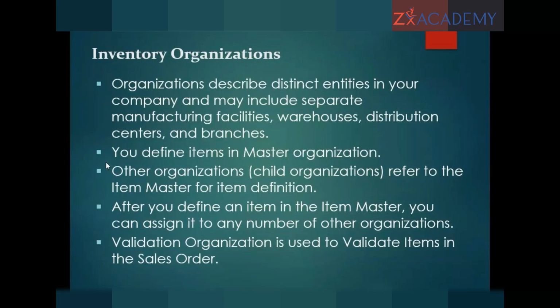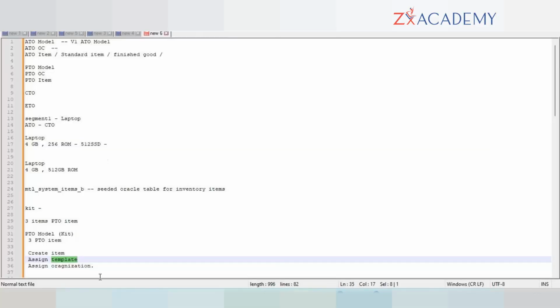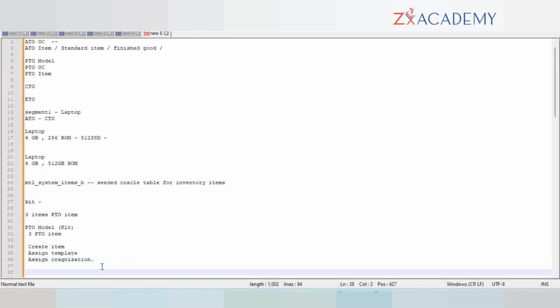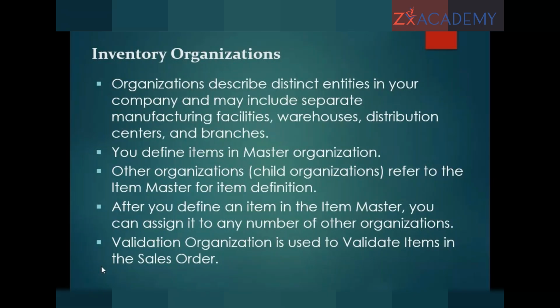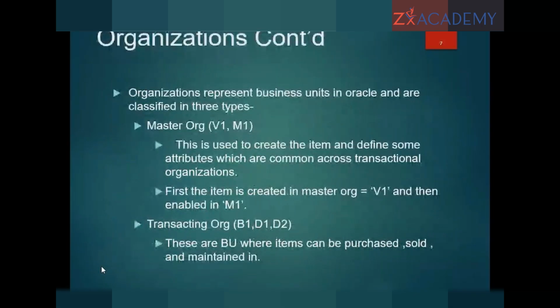So when it comes to the inventory organizations, as you might already know, we first create an item under the master org, which acts as a virtual org. And we assign it to the different organizations for different transactions, the transactable organizations. The validation org refers to your sales order via the order management org, basically in our OM parameters.